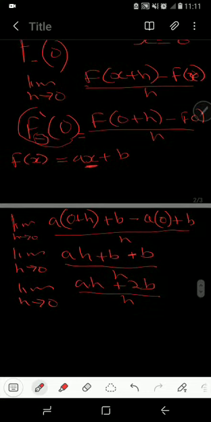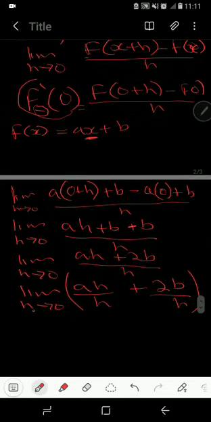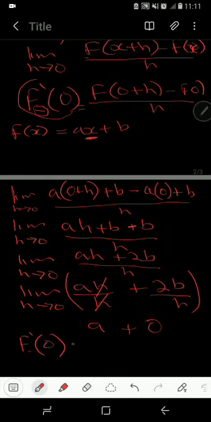Solving this, you can say limit as h approaches 0 of ah over h plus 2b over h. So when h approaches 0, this and this will cancel. You're going to remain with a plus 0 here, which means the left derivative at 0 is equal to a, like this. So let us proceed to the right derivative.